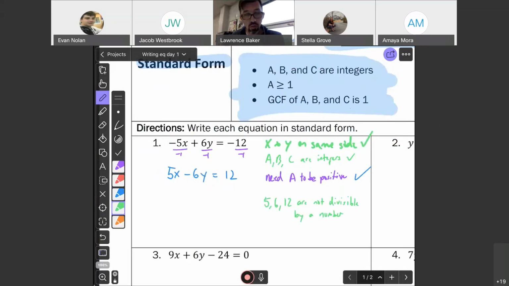Other than 1, they're not divisible by anything, so that means we're good to go. That means this is done. That's the rules on how to do this, what it needs to look like, and the things we're looking for in order to get it in the right form.